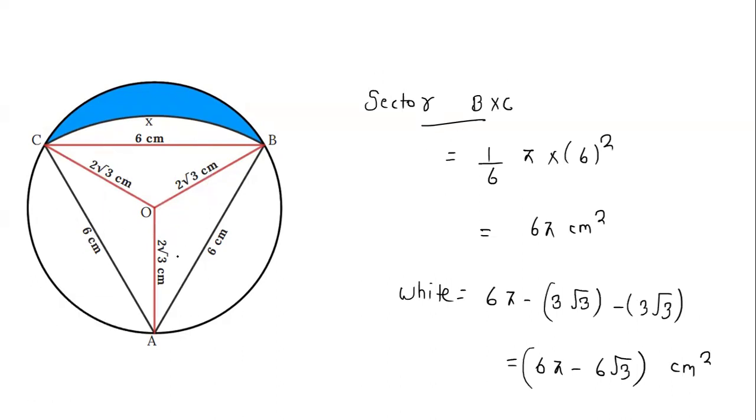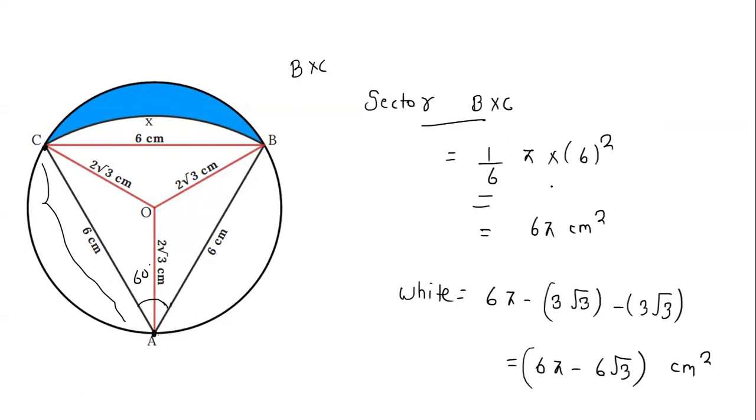The sector area: this angle we know is 60 degrees, and this is a part of a circle whose radius is 6 centimeter, because this is the center of the sector BXC, and this is the point on the sector. So this distance is 6 centimeter, which is the radius of the circle from which this sector is coming, and this angle is 60 degrees.